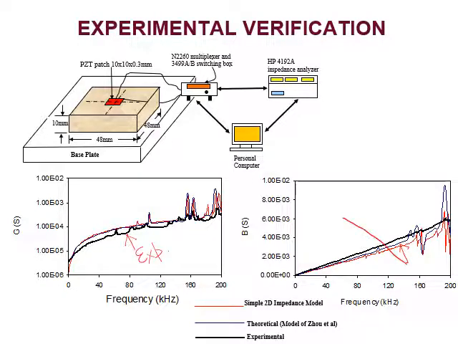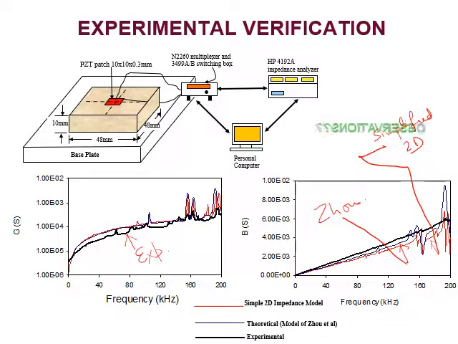This blue signature is on account of the previous model of Chow, and the red signature is on account of the simplified 2D model which we have just discussed. So what we find is that the models have some discrepancy with the experiment. Not just the Chow model, but the new model also has discrepancy.